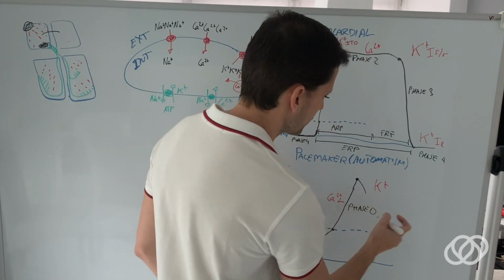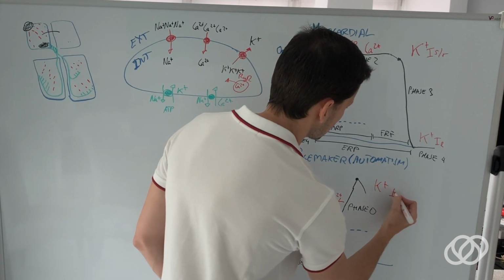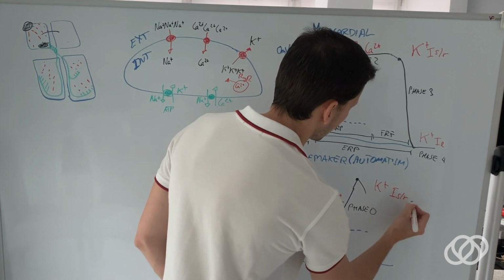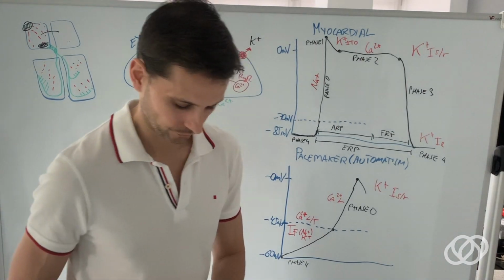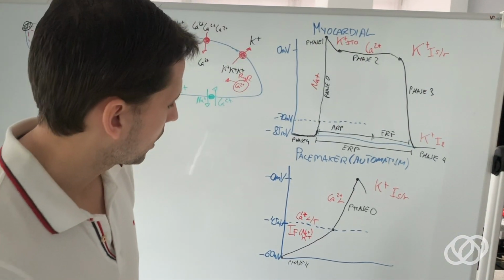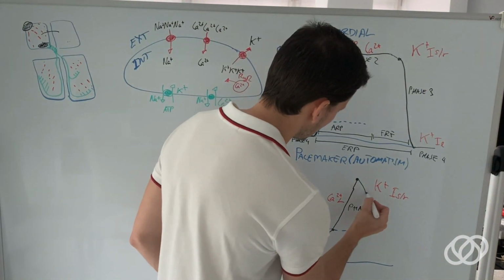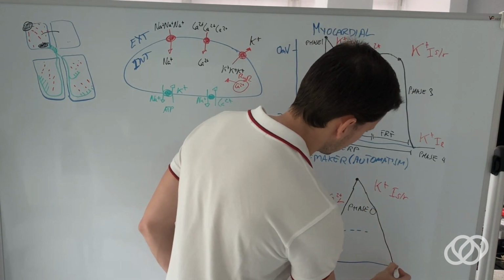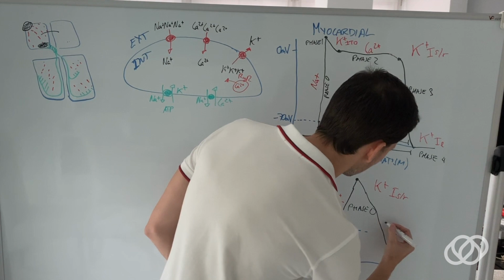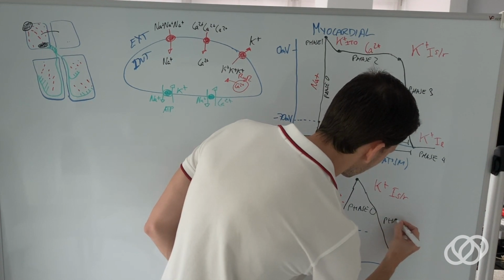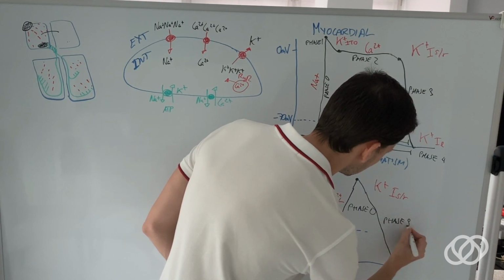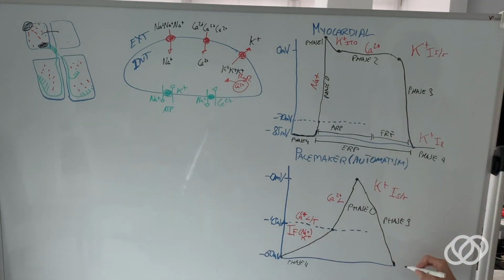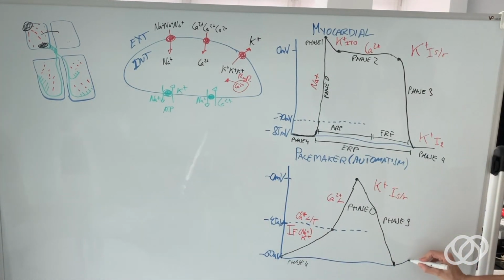So phase 3 has both these S and R potassium channels. And we are going to go back down to the resting position. So here we have phase 3. Then we are ready to start phase 4 again.